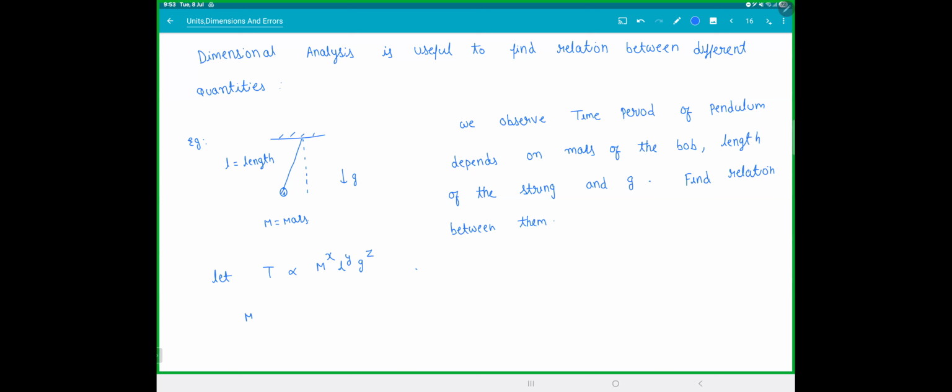Then what we do here, this is M0 L0 T power 1, proportional to M power x, L power y, and g is LT minus 2, it's an acceleration, power z. So M power x, L power y plus z, and T power minus 2z.